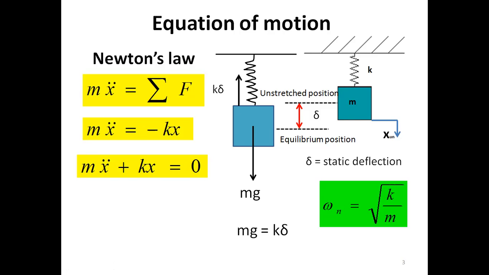So when the system is at the equilibrium position, the deflection in the spring is delta, and the spring force would be k delta. And in that case, the spring force would be in the upward direction. The spring has been stretched now, and it is now supporting the mass, so it would be in the upward direction. Whereas the weight of the mass is acting in the downward direction, that is mg. But the system is at the equilibrium position.